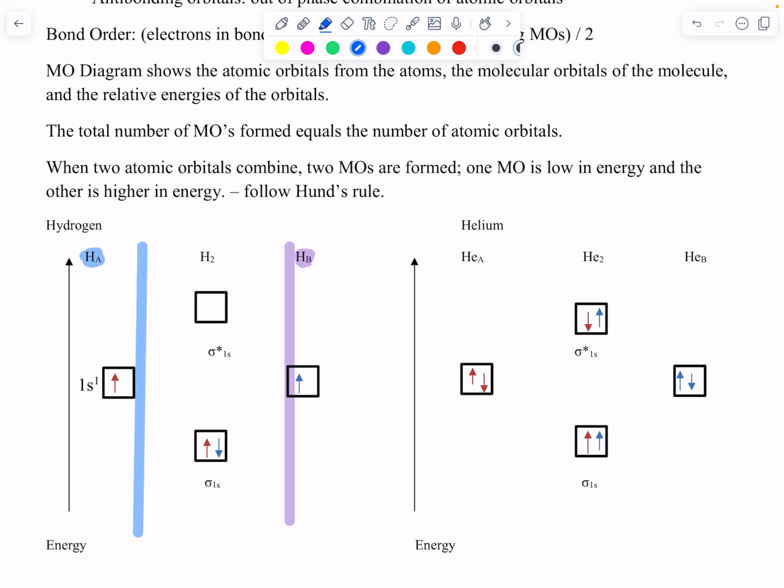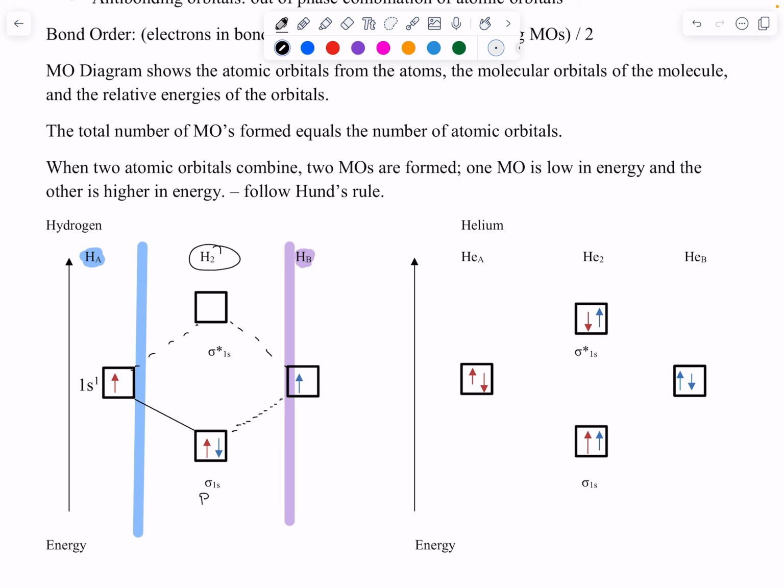That's their individual orbitals. They each have a 1s, okay? What they do is they mix. You can see a solid line. Sometimes you see dotted lines. We always drew dotted lines. They mix for the molecule of H2.